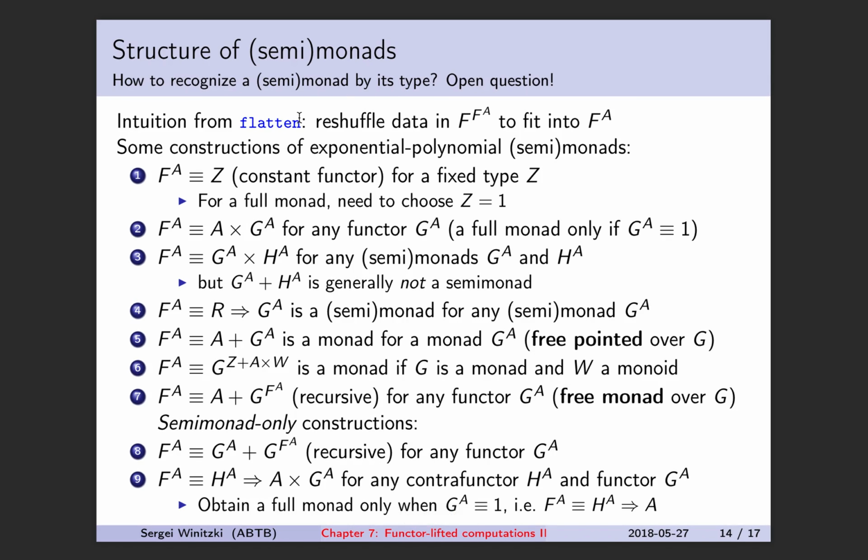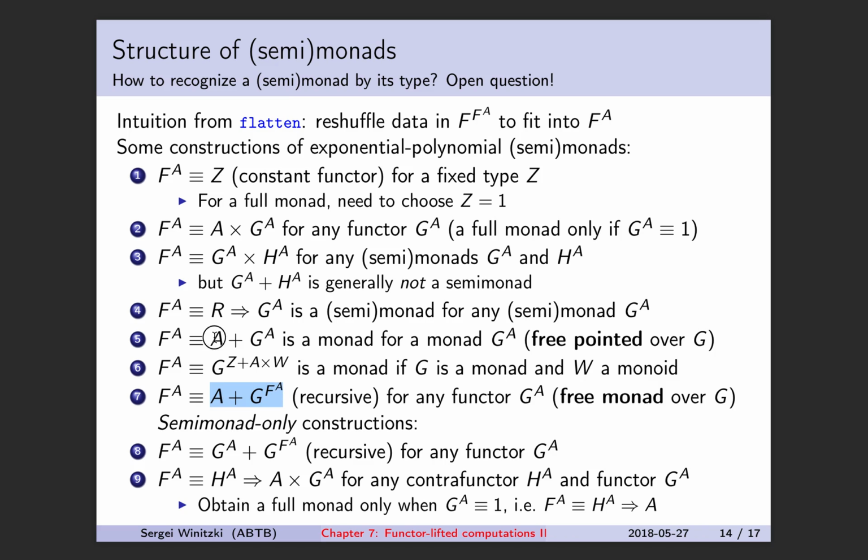Similarly, we can now look at the possible structures of a monad or a semi-monad. Here I give a remark when something can be only a semi-monad or also a monad. So these are constructions that some of them are well known, others are less well known, such as this construction is a free monad.